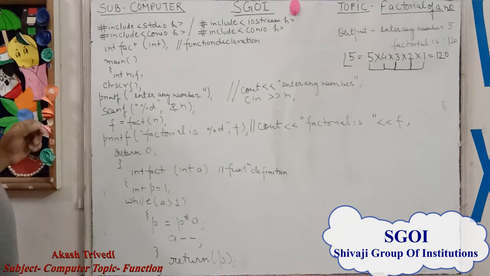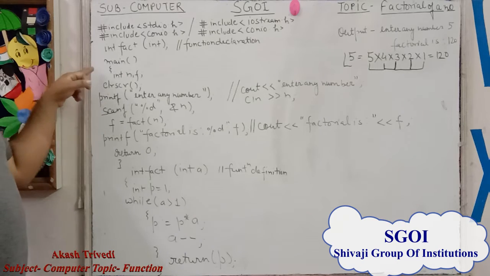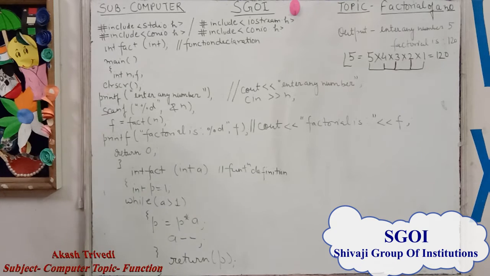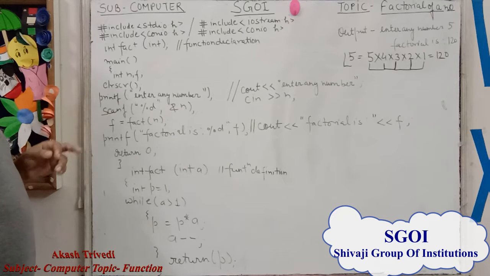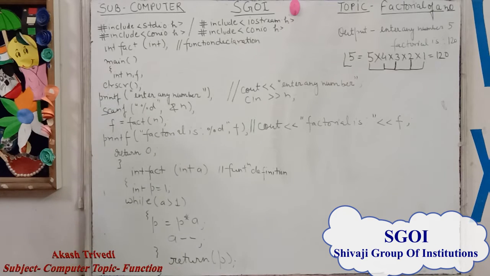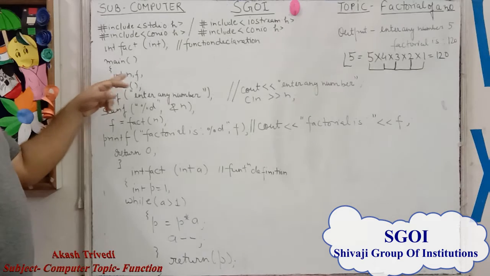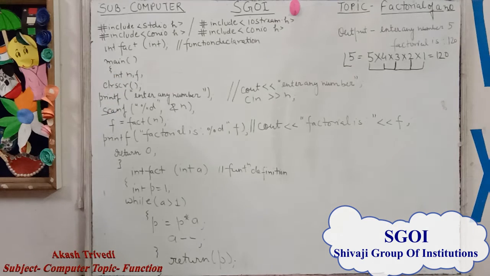Then after that we use the main function and open the body of the main function. Then we declare two variables, n and f, having integer data type.